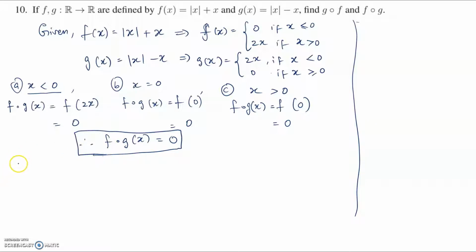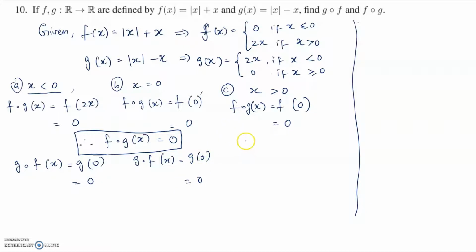Second, let's work out g of f of x, again for the three different conditions. So when x is less than 0, your f of x is going to be 0. So g of 0 will be equal to 0. Then your g of f of x, when x is equal to 0, again it is 0, so it's 0.